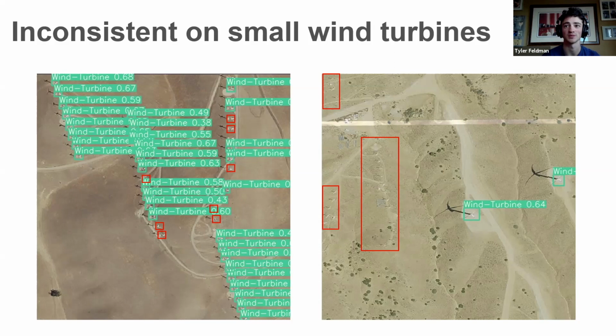Definitely purchasing better wind turbine models is the first step. Maybe an extra thing you could look at would be using a GAN or style transfer to create synthetic imagery.